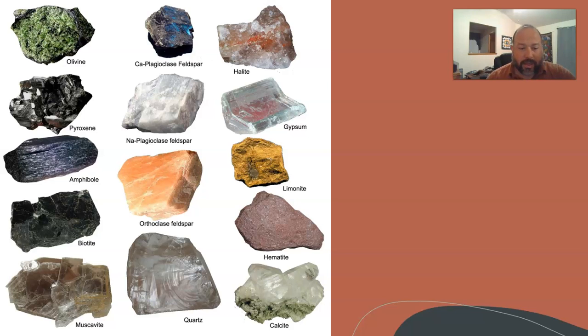Different minerals, you can see when you just look at these pictures, they look different. The colors aren't the same. The crystallizing, the shapes, the way that if you broke them up into pieces, how the pieces would come off. There's all sorts of differences in terms of these minerals.